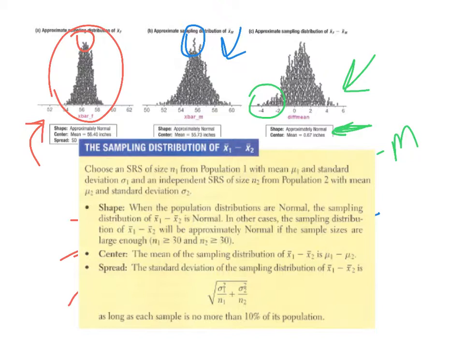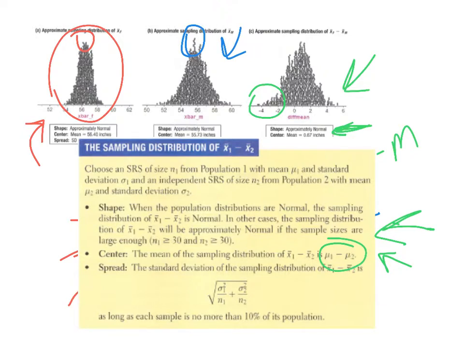If not, I need to have my sample sizes greater than 30. I don't have sample sizes greater than 30 in this case. I have sample sizes of 12 and sample sizes of 8. However, my populations were normal. My mean is going to be my average difference between the two. And the mean of the sampling distributions there, okay, is going to be my difference.